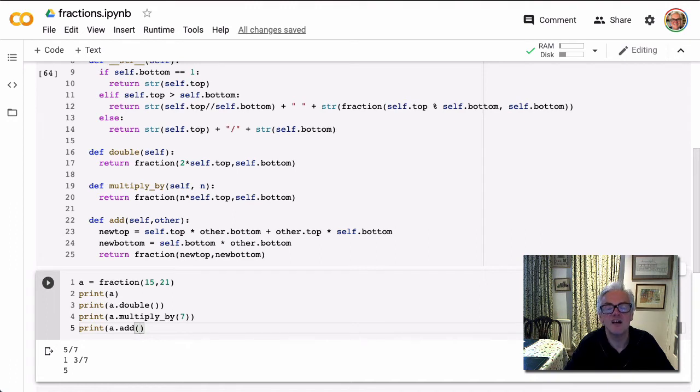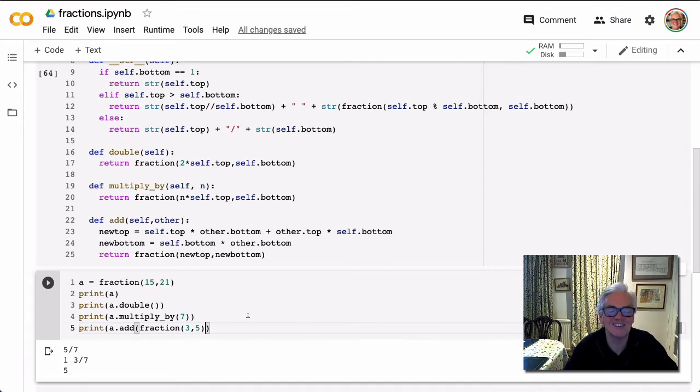And then we're going to add another fraction to that, like 3/5 or something. 5/7 plus 3/5. I can't do it in my head.